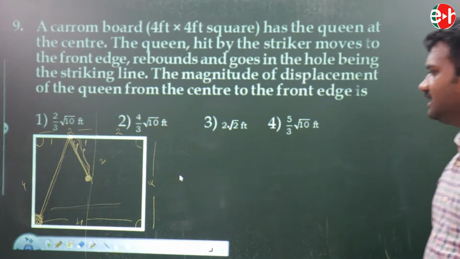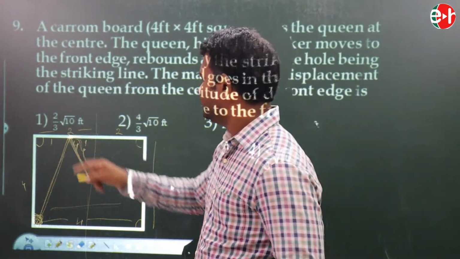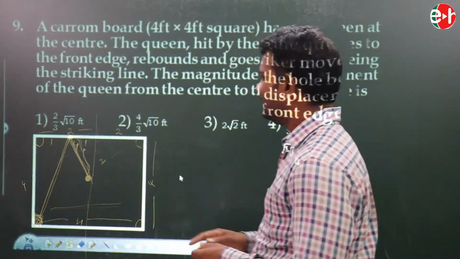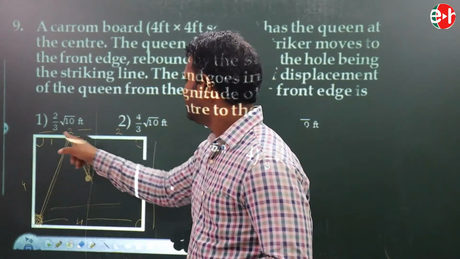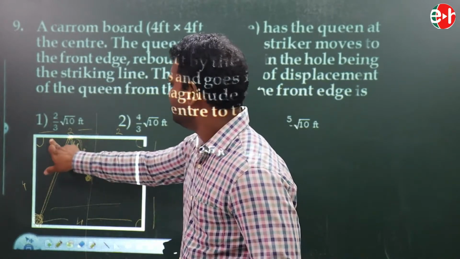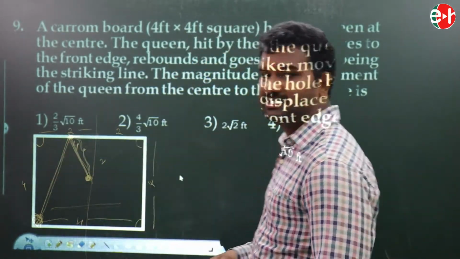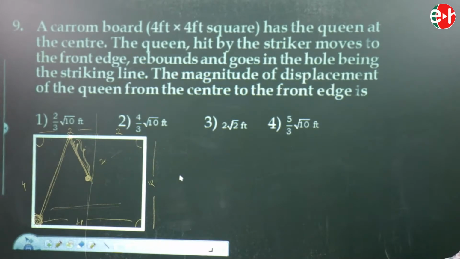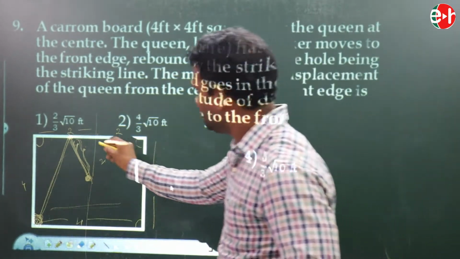In this problem, he said that it hits the front edge, but he didn't say that it hits at the half of the remaining portion. So, it is not 1. It is something else. It is other than 1. So, we have to find this distance.